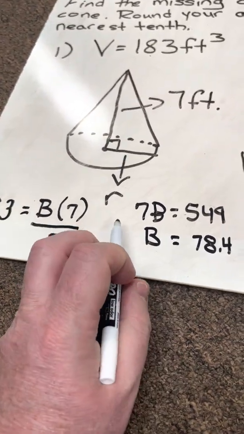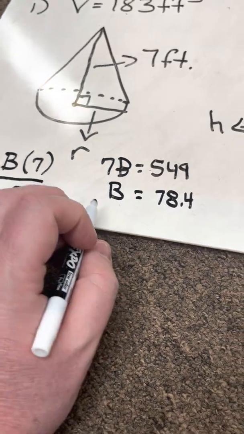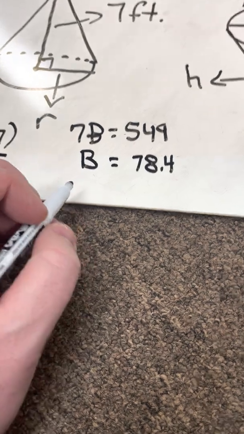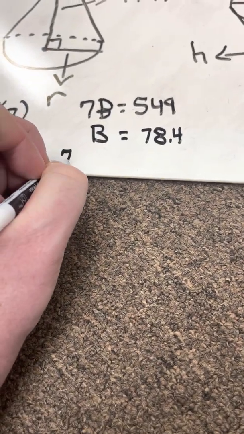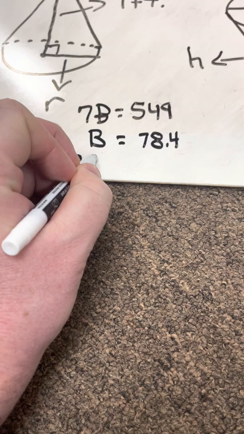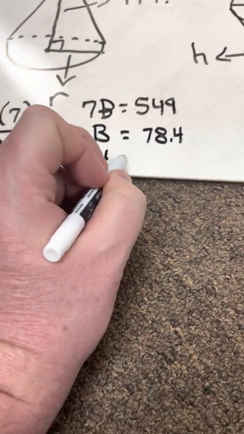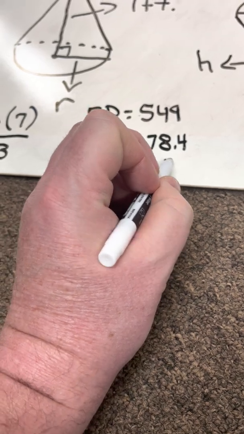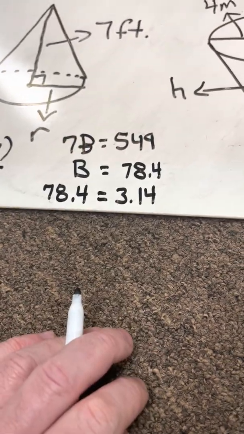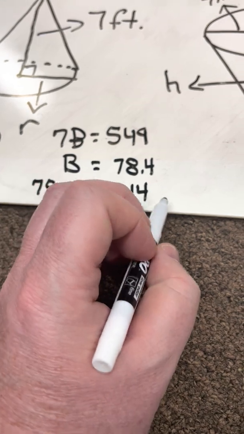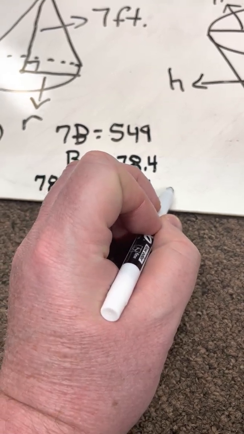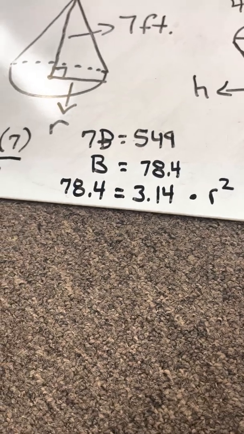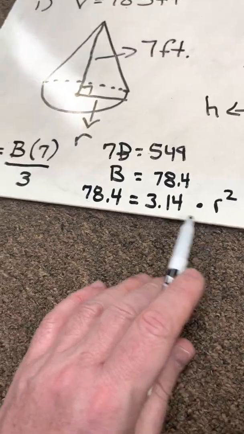But I don't want to know the area of the base. I want to know R, okay? Now the area of the base, remember the base is a circle. So that's pi times radius squared. So it's 78.4 equals pi, which in this case we're going to go ahead and use 3.14, and we're going to multiply that by r squared, which we don't know what r squared is yet until we figure out what this is.